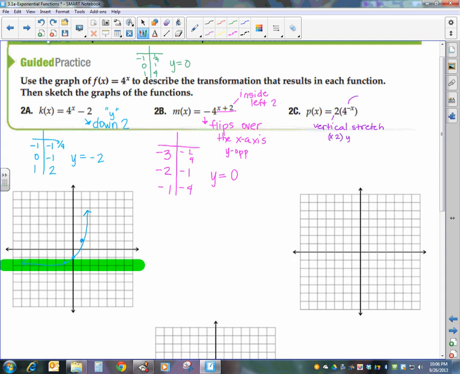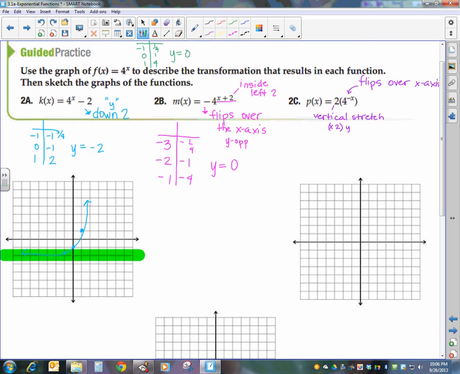And this negative, it flips it over the, I'm sorry, not x-axis, y-axis, flips it over the y-axis, and I'm going to change each of my x values to the opposites.